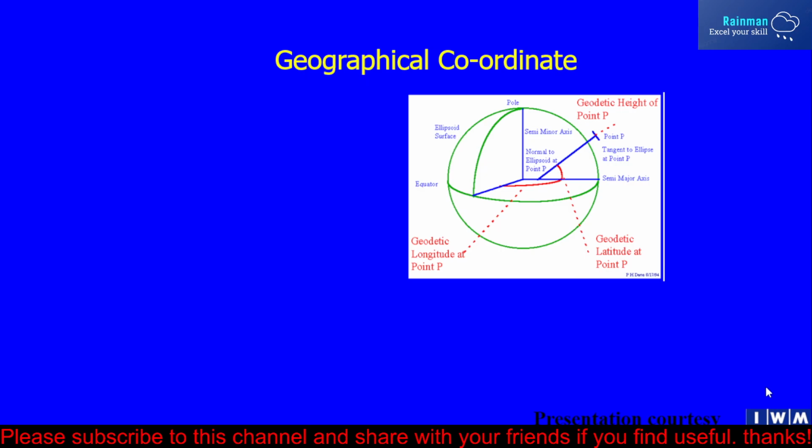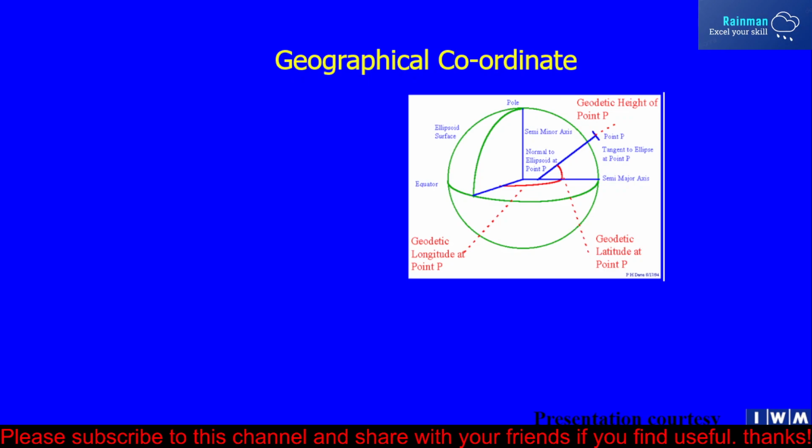So first of all, we have to understand the basic terminology that is used in a coordinate system. Our globe is spherical in shape, but for simplicity, we consider our globe as ellipsoidal, which means it is in elliptic shape, an imaginary surface.